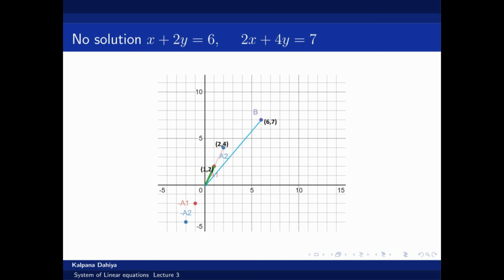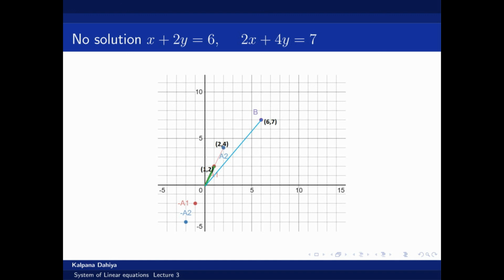If the system has a solution, in that case we must be able to write 6, 7, that is vector B, as a linear combination of these two vectors A1 and A2. It means we must form a parallelogram using these two vectors A1 and A2 by multiplying them by suitable scalars such that B becomes the diagonal of that parallelogram.